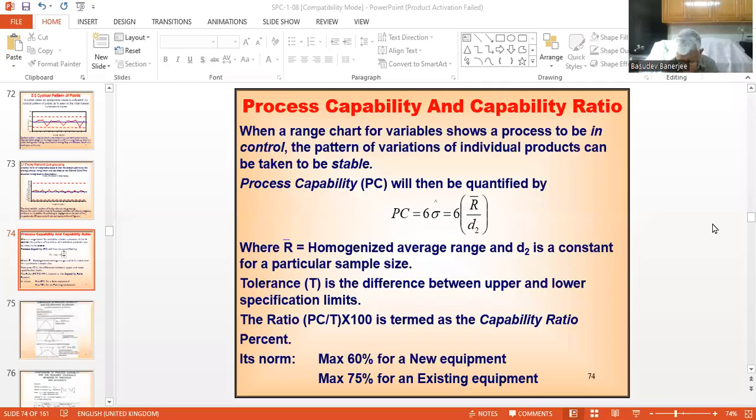For the next thing, we have to talk about the process capability. Okay, let's go to the next chapter. What is process capability? What is the chapter number?